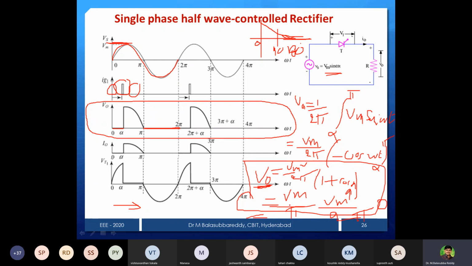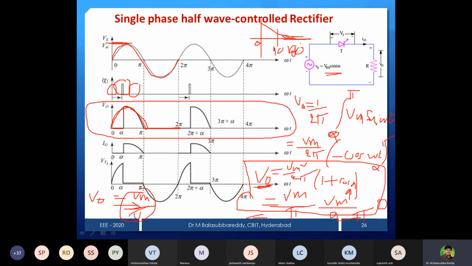If it is a diode rectifier, what is our output? It starts like this, no? And there also we integrate one full cycle. What are the limits now? Instead of alpha, you put 0, so 0 to pi. Then you integrate this, what can I get? V out for the diode rectifier is Vm by pi. If I integrate from 0 to pi, I will get output voltage Vm by pi.